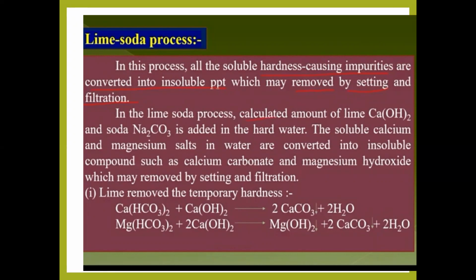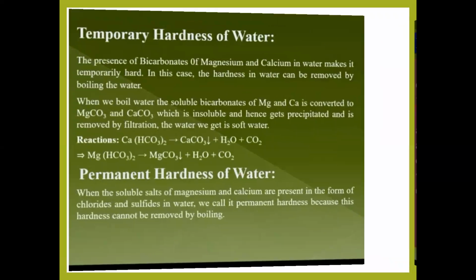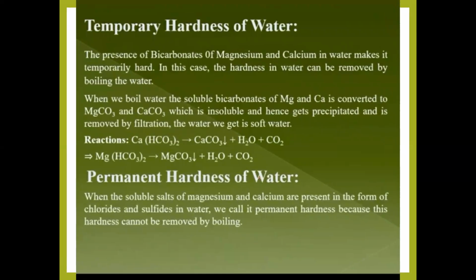Temporary hardness of water is due to the presence of bicarbonates of calcium and magnesium, and we can remove it by two methods. One of the methods is simply to boil the water. The temporary hardness of water can be removed by boiling the hard water in large boilers.